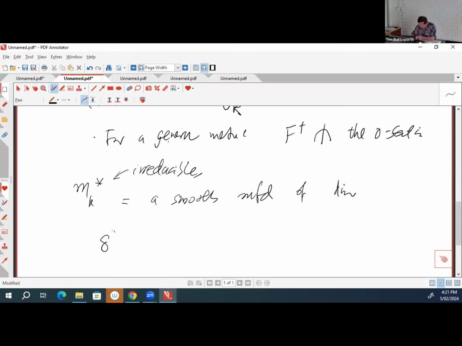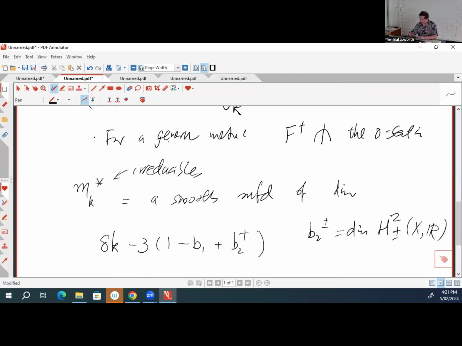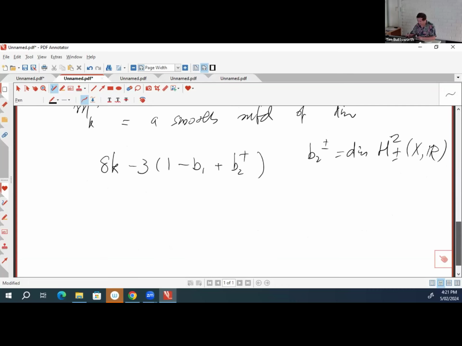So this is 8k minus 3 times (1 minus b1 plus b2 plus), where b2 plus is the dimension of the self-dual forms. So this is by the index theorem.